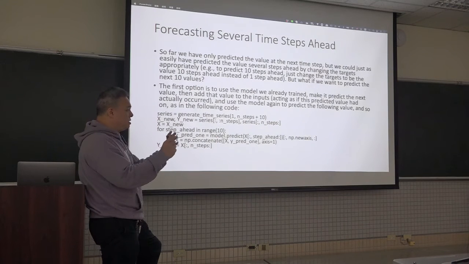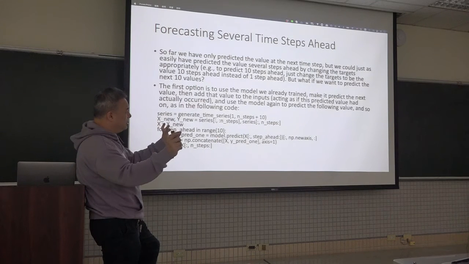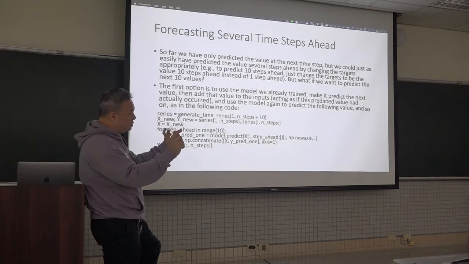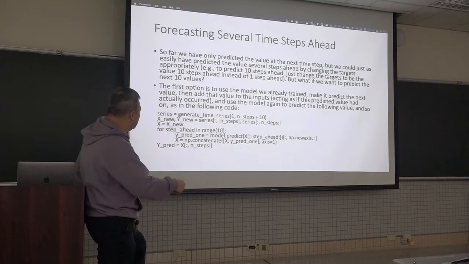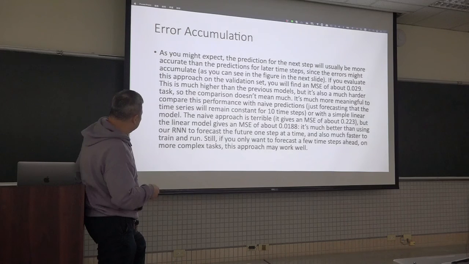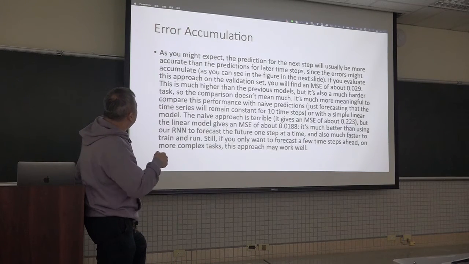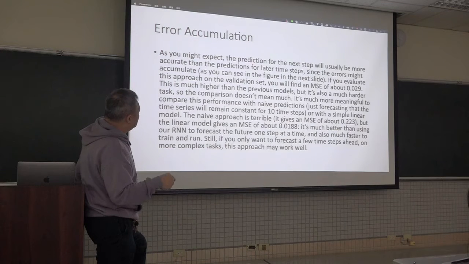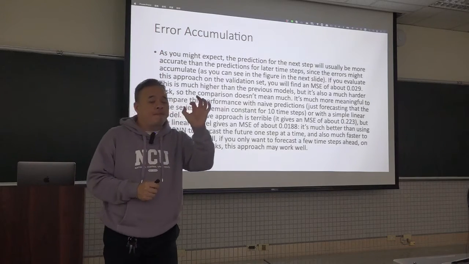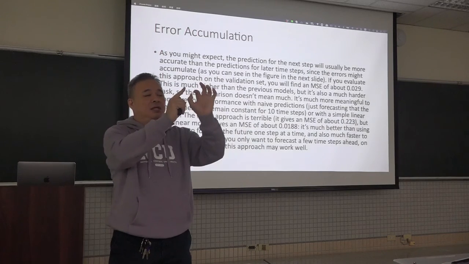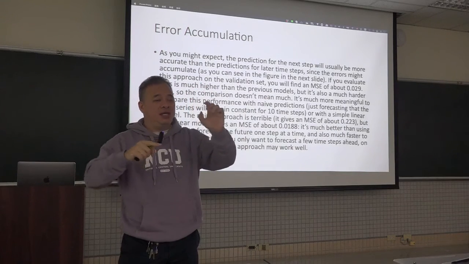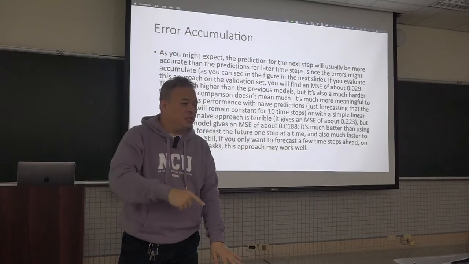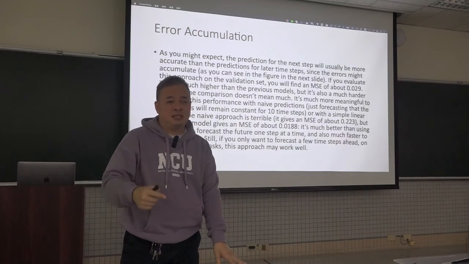Every time we use the previous 50 to predict the next one, and then shift one step ahead, and do the same thing repeatedly 10 times. Even though this works, you will find that the accuracy of your prediction goes down more and more as the iteration goes on and on.